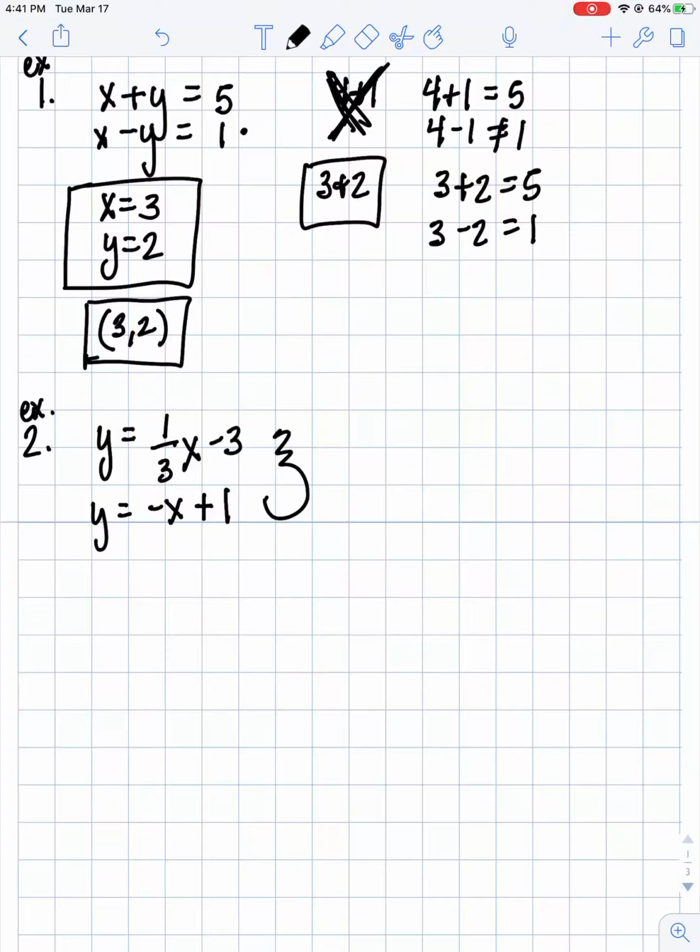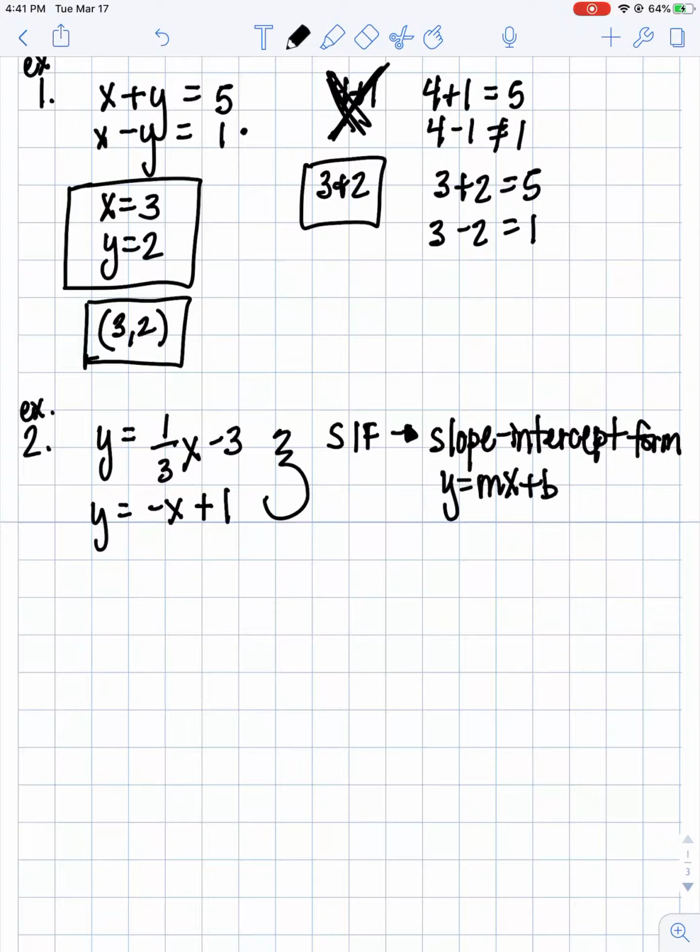So hopefully you recognize from the last section that both of these equations, both of these linear equations, are written in SIF. And what does SIF stand for? If you remember from the last section, it stands for slope-intercept form. And just to be reminded, slope-intercept form is y equals mx plus b. You're exactly right. Okay, good.